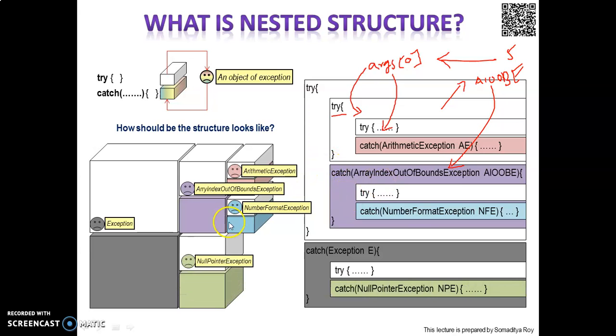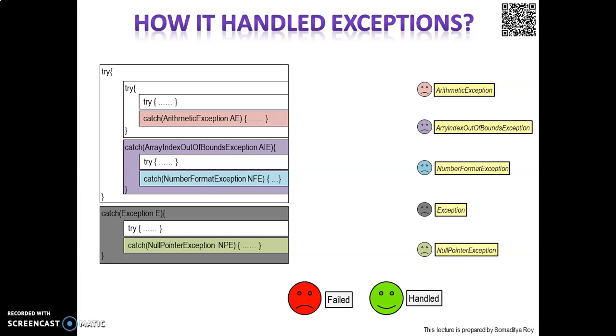So here we have the outermost try block which is able to handle all types of exception, because this catch block takes an exception object. It is the generalized form of exception, so it can handle any type of exception. And that outermost catch block also has a try-catch block which is able to handle only the null pointer exception.